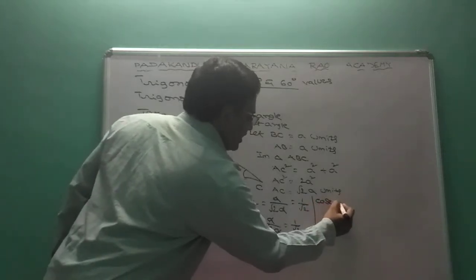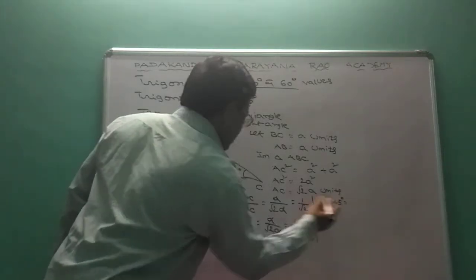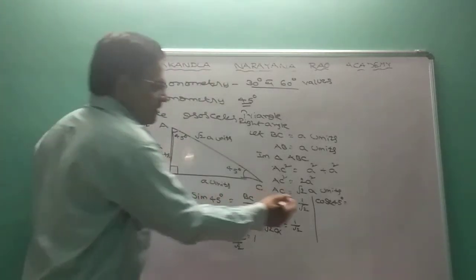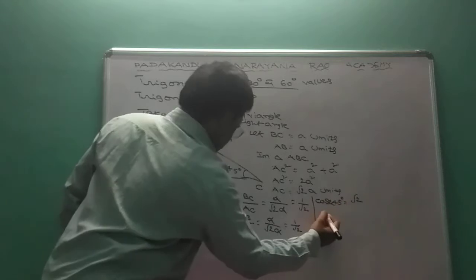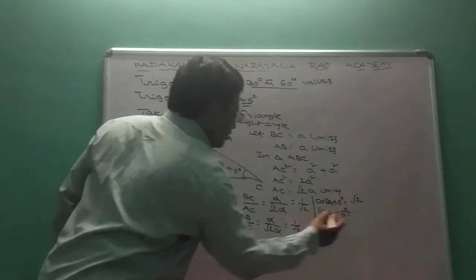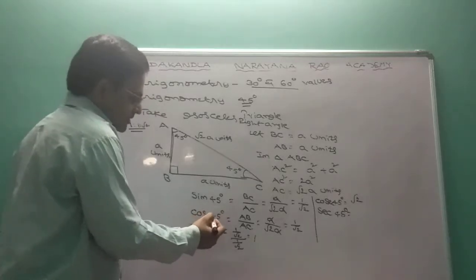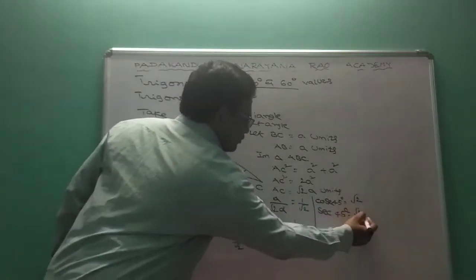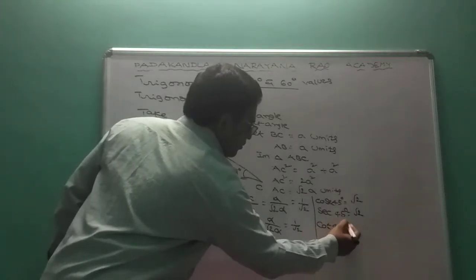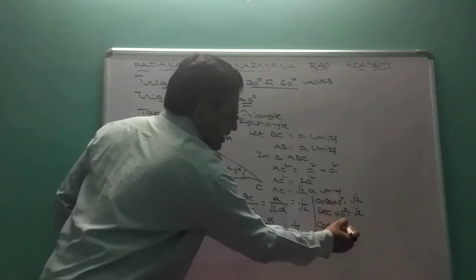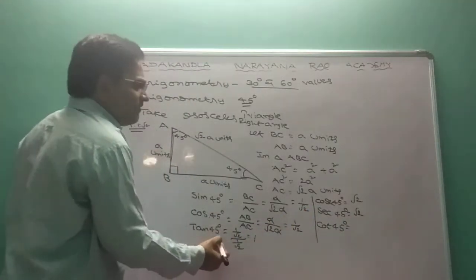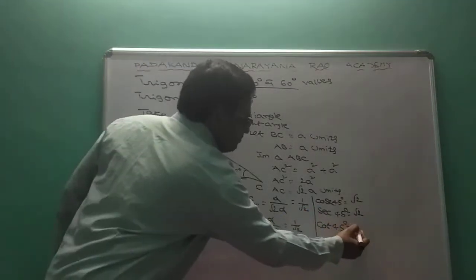Cosecant 45°, as explained in the last class, is the reciprocal of sin 45, that means root 2. Secant 45° is the reciprocal of cos, that means root 2. Cot 45° is the reciprocal of tan 45°, that equals 1.